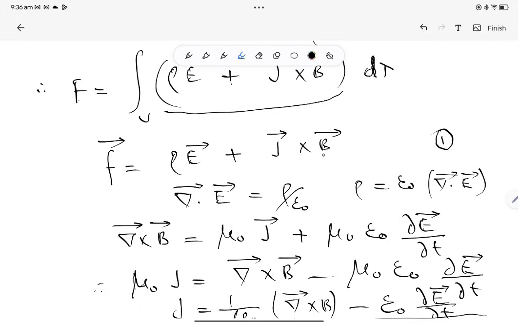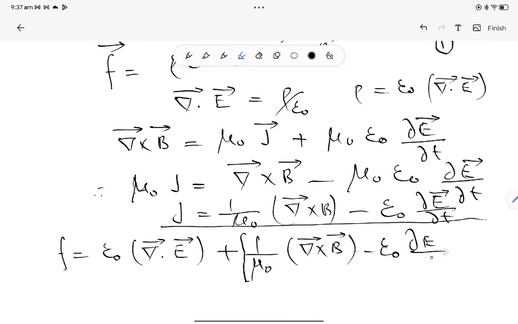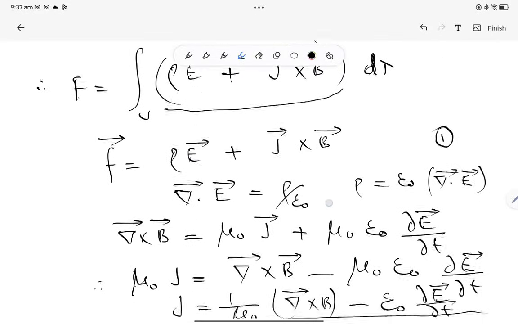We don't forget about this B. In place of J, you have 1 by mu naught del cross B, cover this up with a square bracket, minus epsilon naught del E by del t, and then cross B. Once more I stress this point. Please don't forget this cross B.